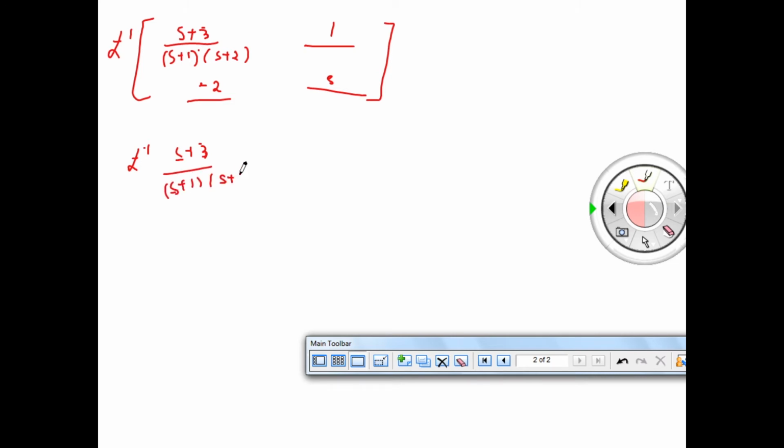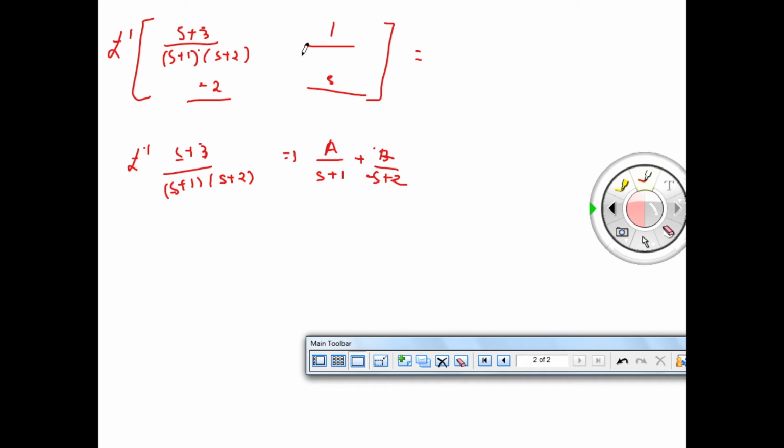So for (s+3) divided by (s+1)(s+2), we have to make use of partial fractions: A upon (s+1) plus B upon (s+2). If I do so, I will get these terms. For each and every term I have to do this. I have done it for this term, and I have to do it for the other terms also.